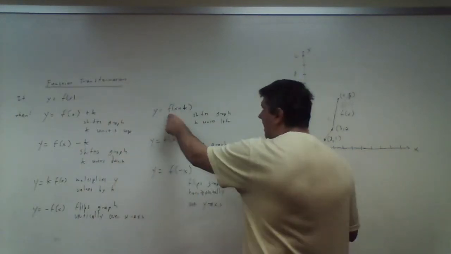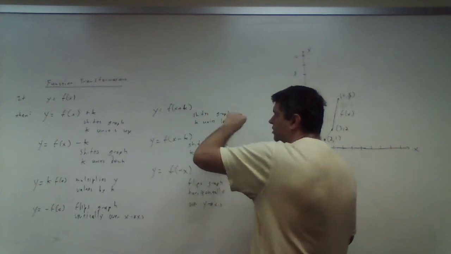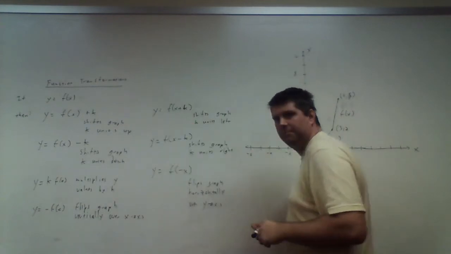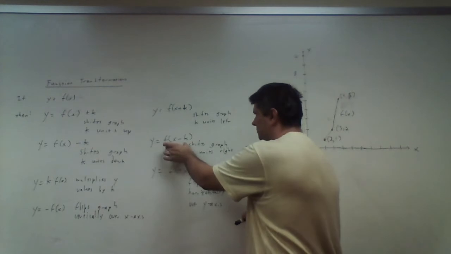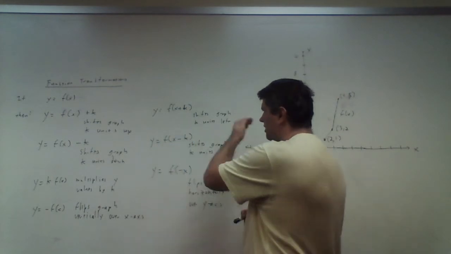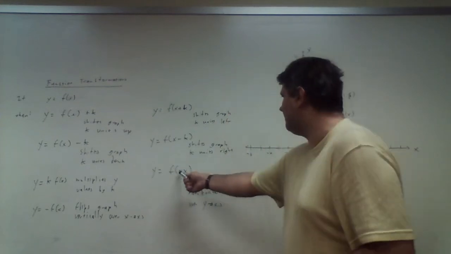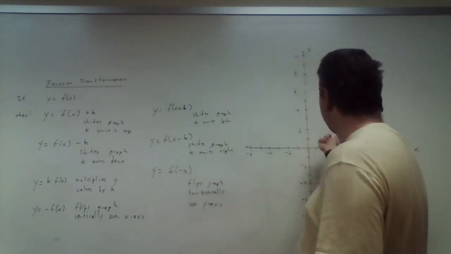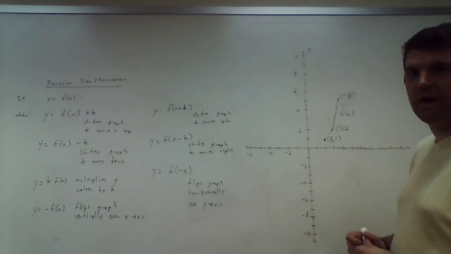If you have f of x plus a number, it's going to cause the graph to shift to the left. Ditto here. If you're subtracting k, it's going to shift the graph right. And f of negative x is going to take the original f of x and move it to the other side and flip it horizontally.